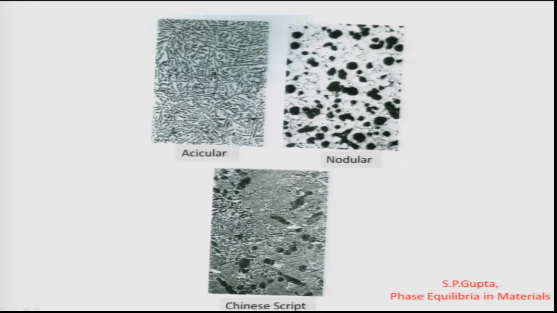It can also be pearlitic type, but the important aspect is that the eutectic reaction happened at high temperature and led to the formation of these globular or nodular graphite in a gamma iron matrix. One can also have a very distinct morphology known as Chinese script, and this is seen in the bismuth-cadmium system. If you see clearly, the eutectic looks like typical Chinese characters, and that is why it is known as the Chinese script morphology.